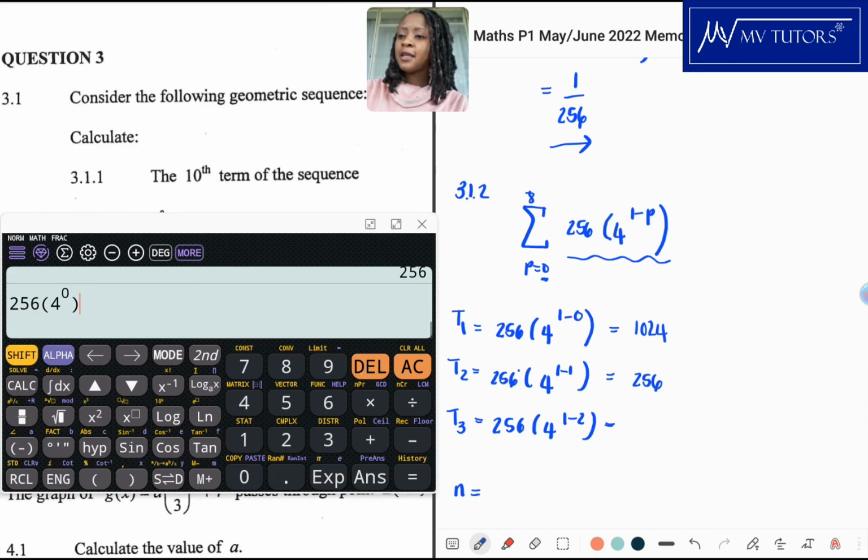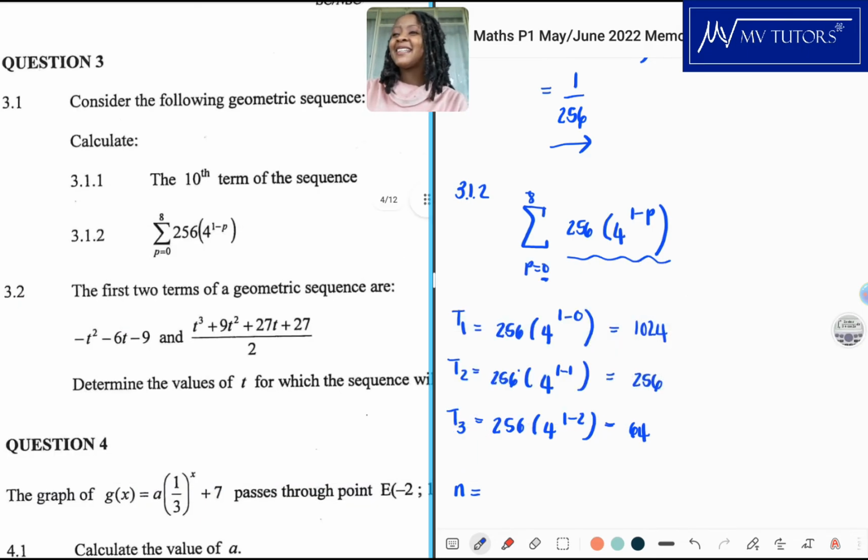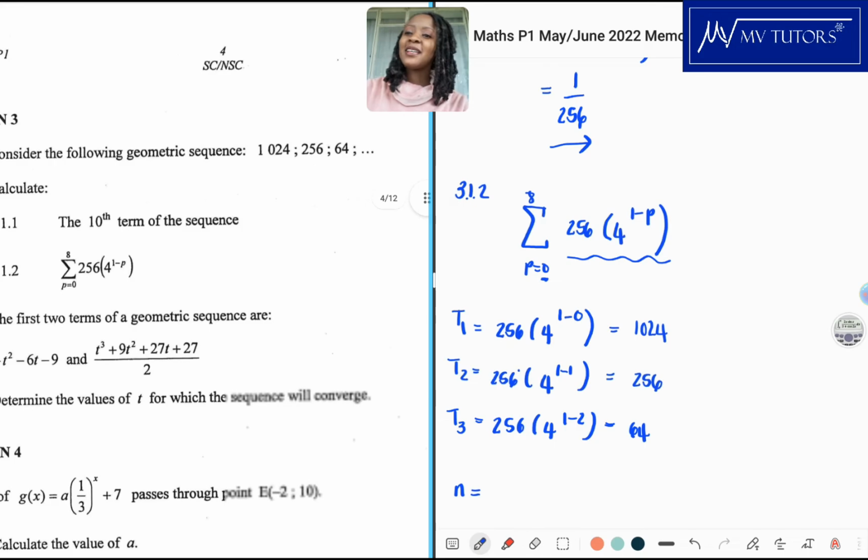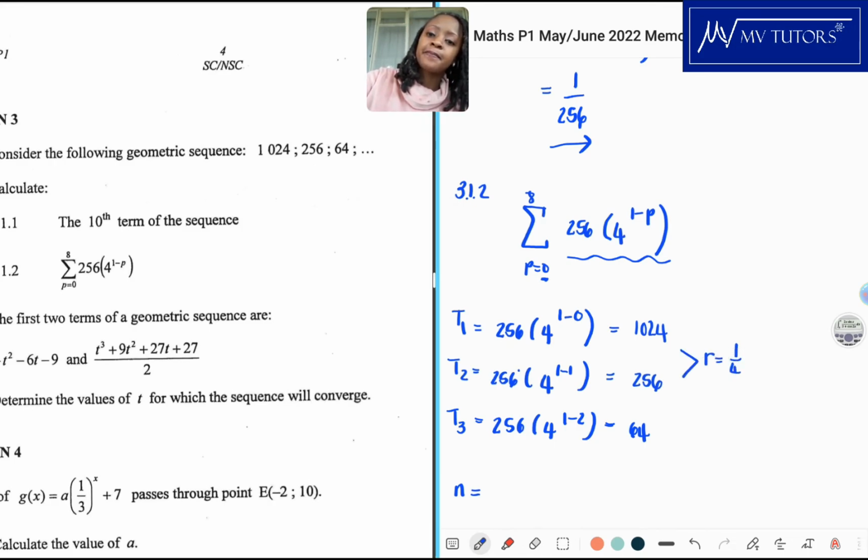And 1 minus 2, which is negative 1, but we can just put 1 minus 2, and then we get 64. So this is a very similar trend to what we had initially. So we know that r in this case is a quarter. Cool, we made sure.